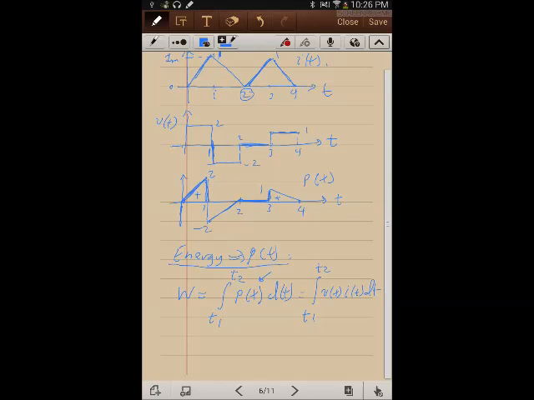So for this example shown here, if we have been asked to find the energy being consumed from time t equal to 0 up to t equal to 4, we have to do the integral from t equal to 0 up to t equal to 1, then add the energy from t equal to 1 up to t equal to 2, and so on, until we find the total amount of power being absorbed or supplied during this whole amount of time.